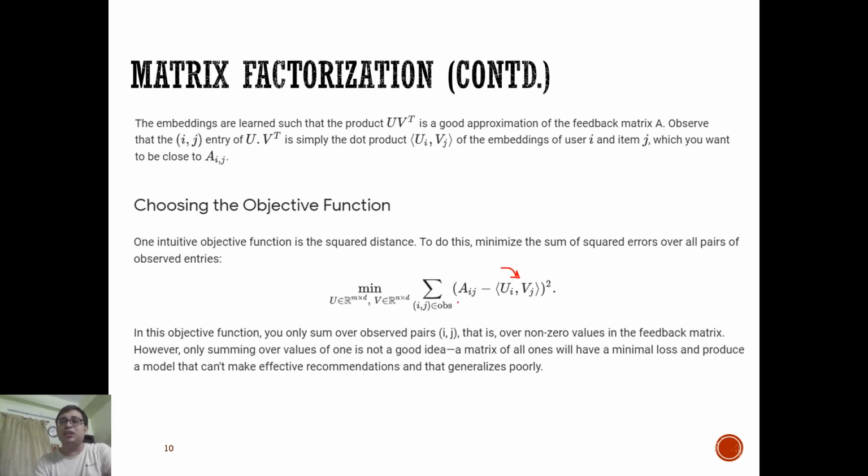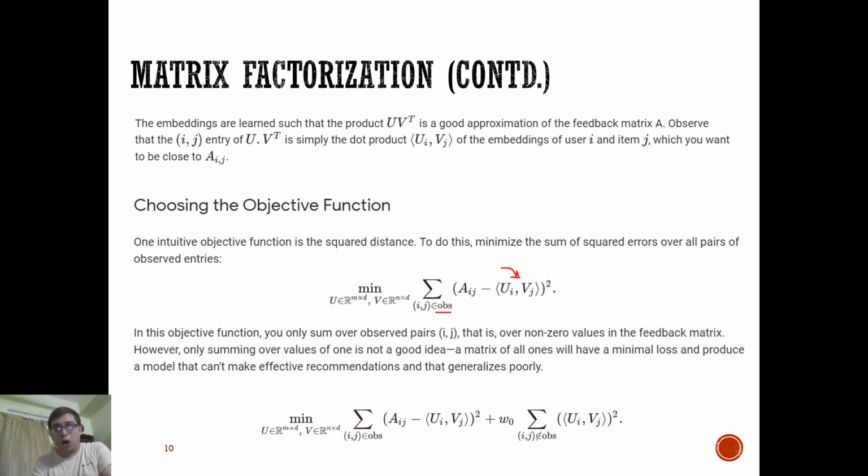I am taking a square, summing it up for the observed ratings, and then I want to minimize it, right? So this is an objective function, and you might have noticed that even for the unobserved items you are getting some rating. So I can include that in the objective function and make it more generalized. These are the items which are observed or rated, and these are the items which are not rated, and now I am trying to minimize both.